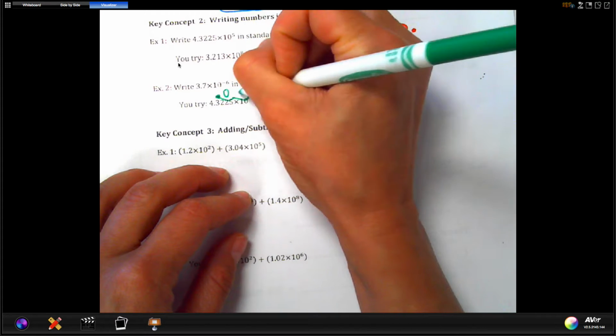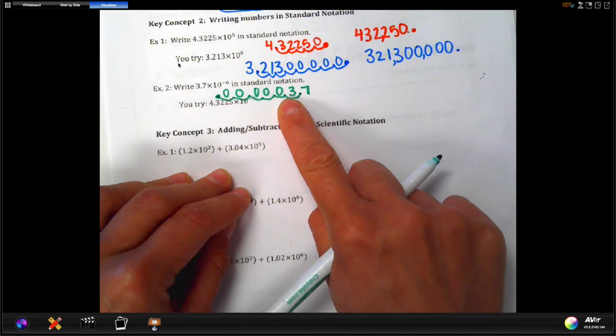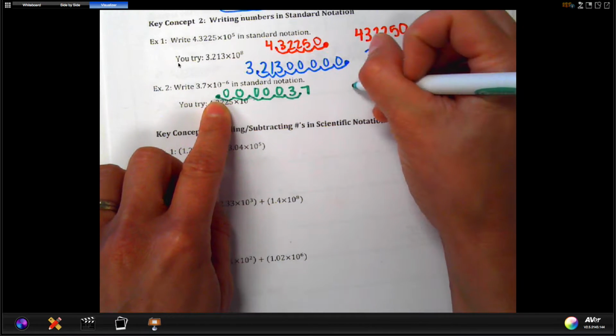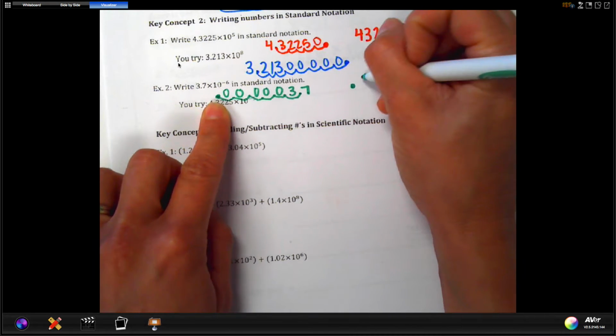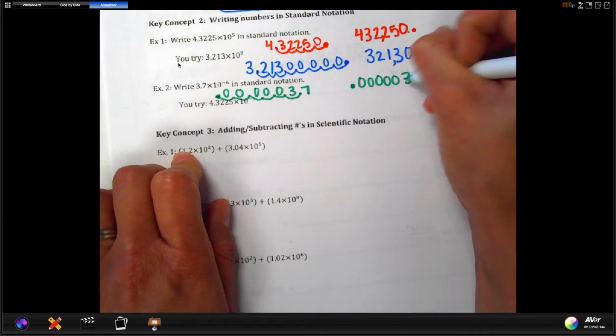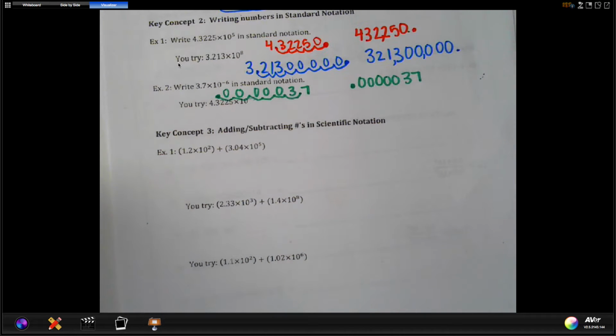Sorry, I wrote over that. I apologize. 1, 2, 3, 4, 5 zeros on this one, because one of those spots is taken up by the 3. So our decimal is way out in front. And then we put in our 5 zeros, and then 3 and 7. This doesn't get any commas because it is a really small number.